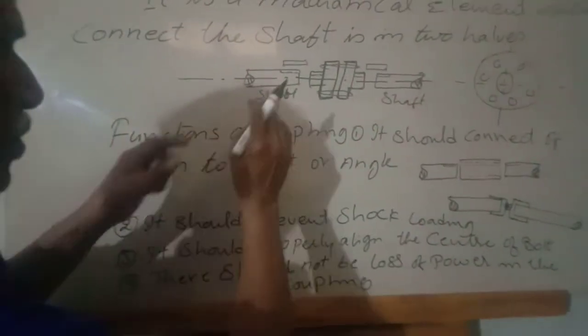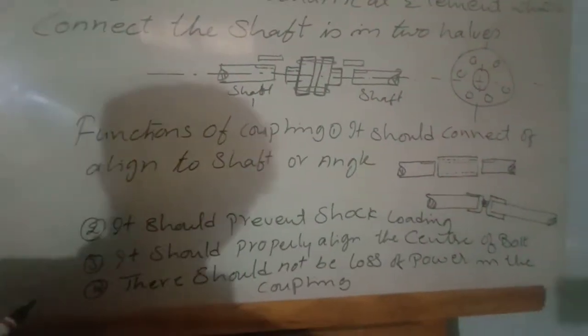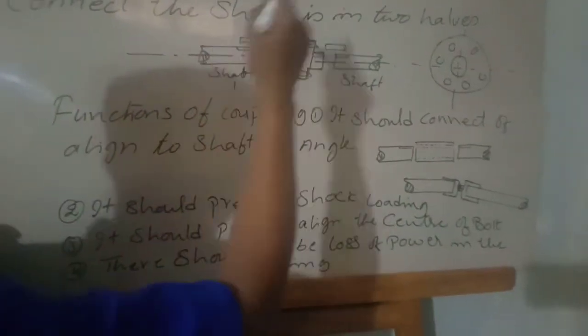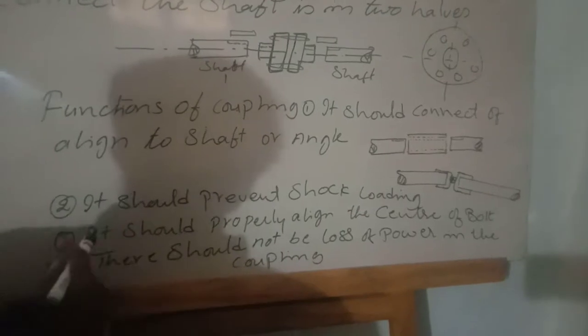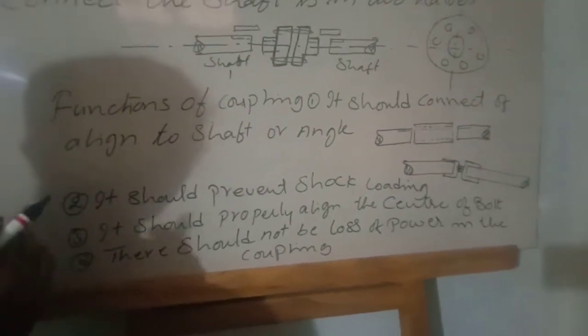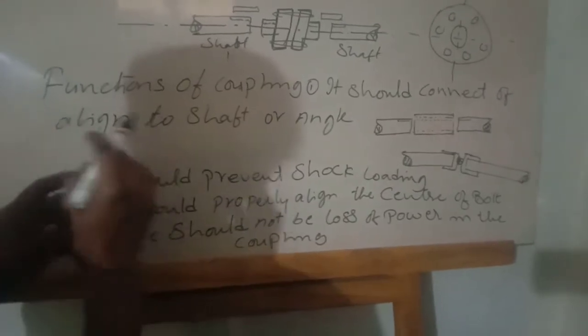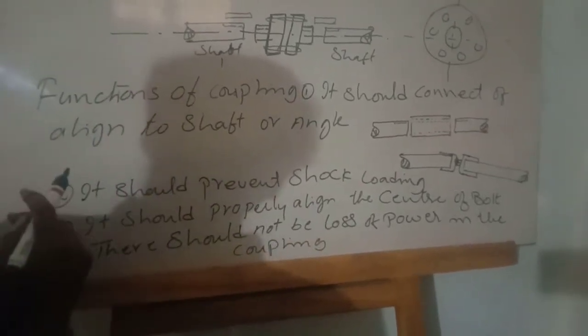If the axis of the shaft is not aligned straightly, the rotating shaft will not easily rotate the other end of the shaft. It will go oblong, shearing force comes on, and the bolts, keys, everything will get sheared and it will not work properly.